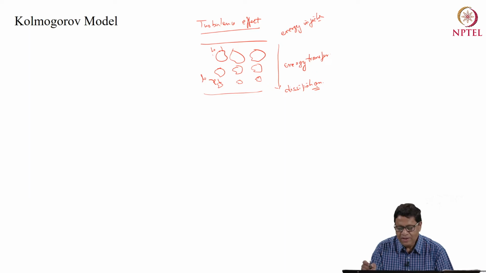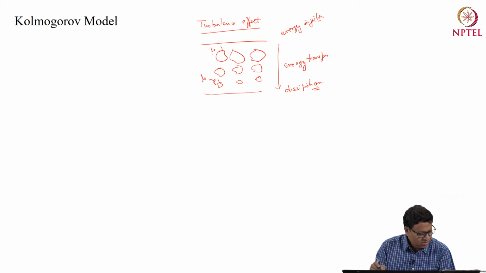This can be explained using the energy cascade flow. The energy from the bigger eddies is transferred to smaller eddies and then further smaller ones, until you have a stable system or a low Reynolds number, and then finally the energy is dissipated.